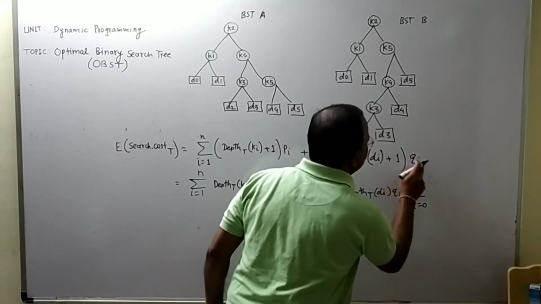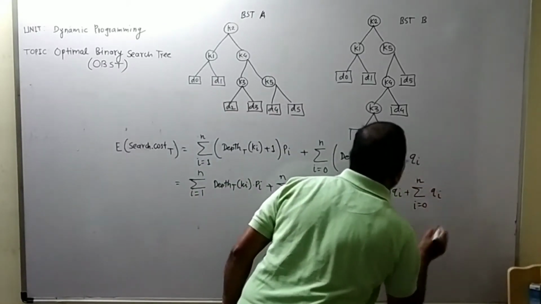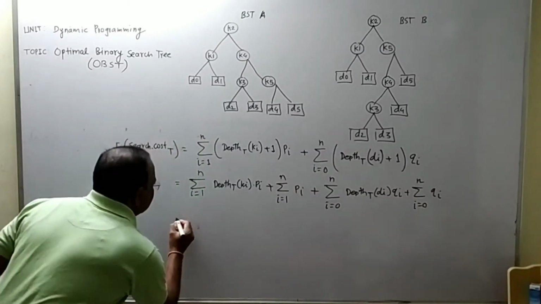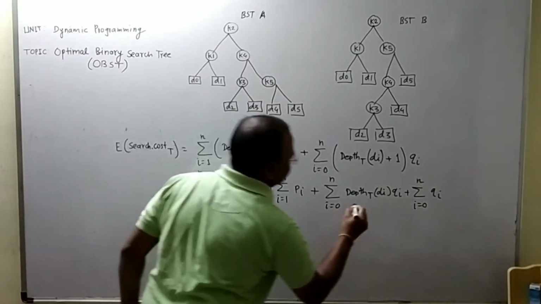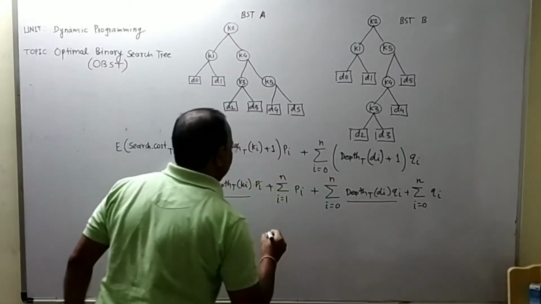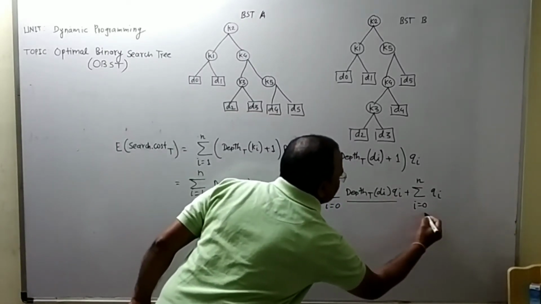So multiply 1 with Qi, we get Qi. Take these terms together and these terms together.